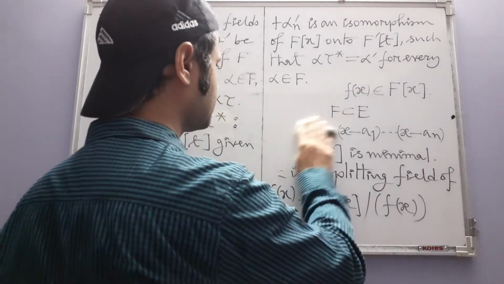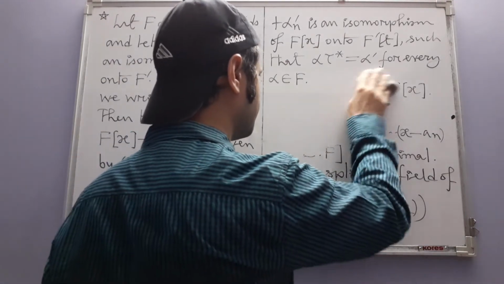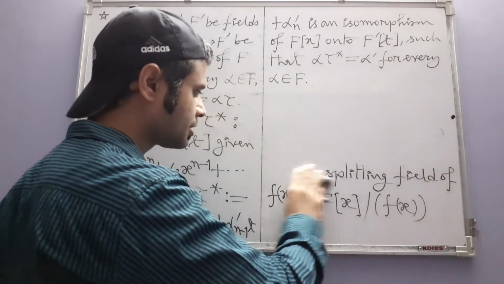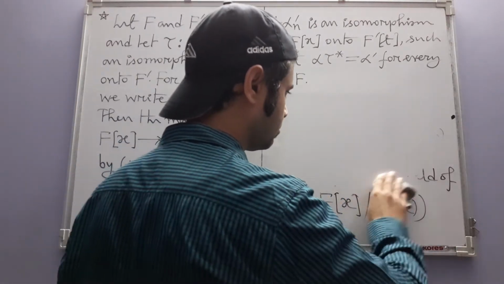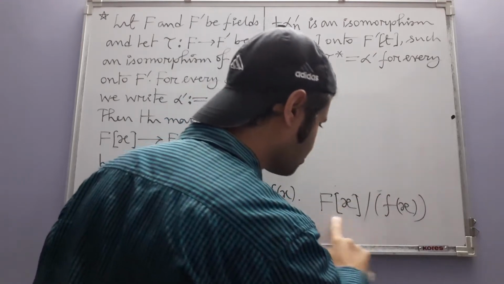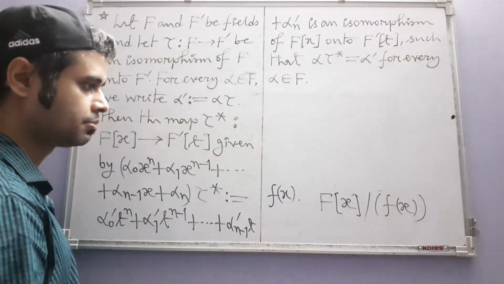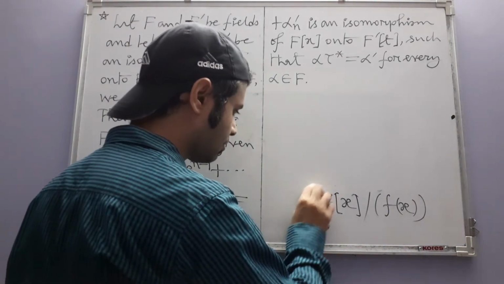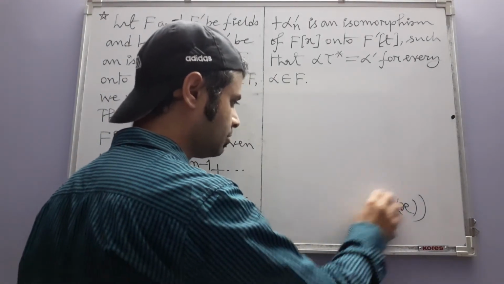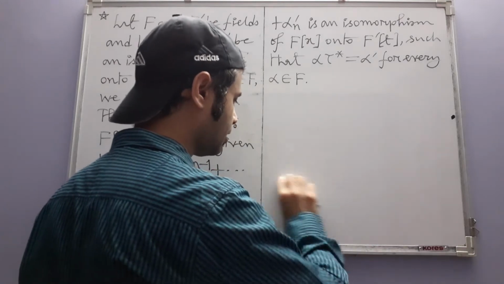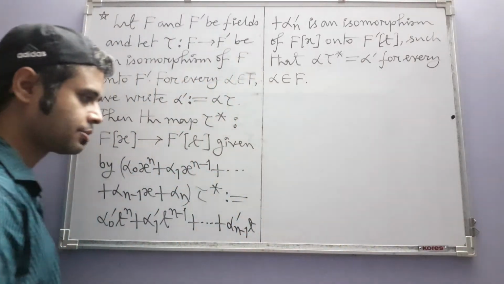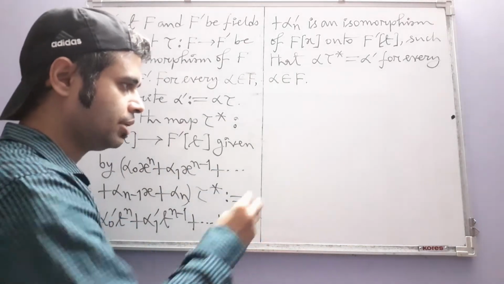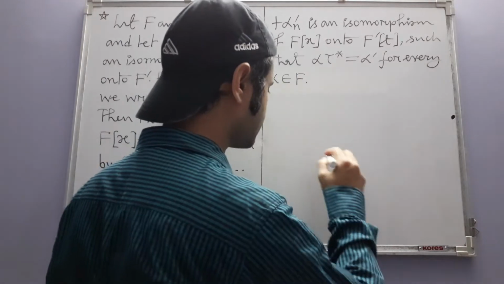Now we are going to take things further. We are next going to consider this type of quotients, which will ultimately be helpful in our proof of the fact that two splitting fields in fact are isomorphic by an isomorphism that keeps the underlying field. We have already discussed about it, right?